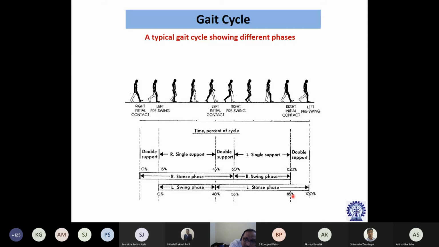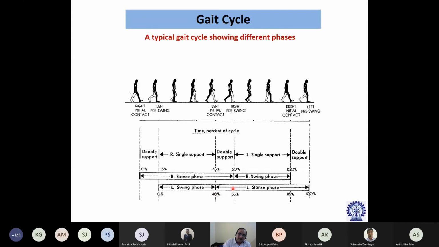and that's the reason for the double support phase. There is a lag of the left. I mean, if you consider the right heel strike, it starts from 0, but there is a lag here for the left leg, which is actually made up later. See, because it's a cycle, it has to go back to the originating position.